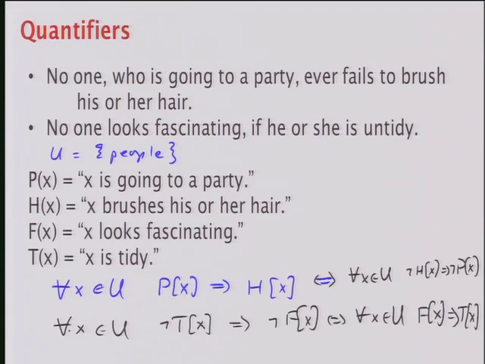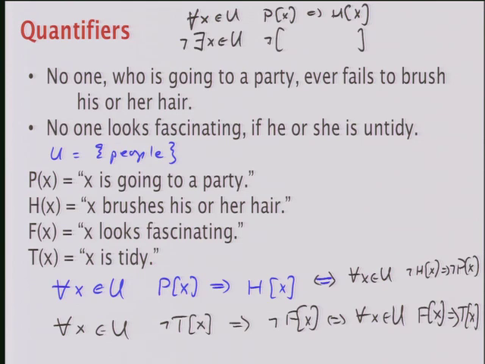Okay, so let's do a negation here, right? If we say for all x in U, p of x implies h of x, this is the same thing as saying that if it's true for every x, then it's not the case that there exists x belonging to U such that this statement is not true.